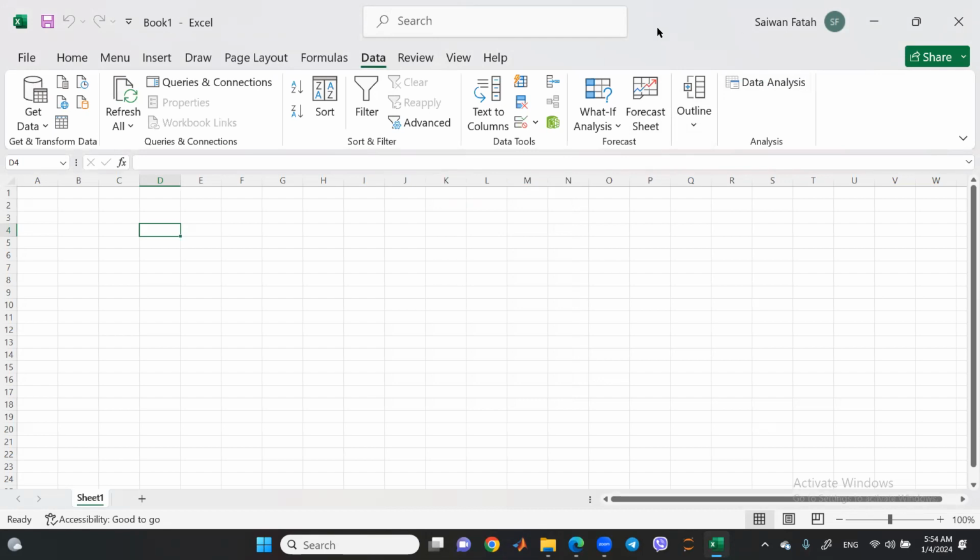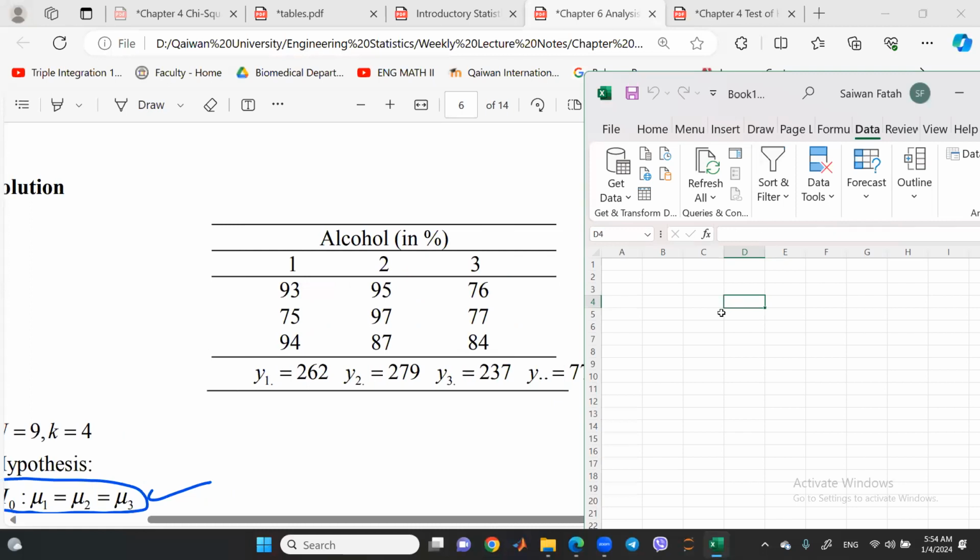Now, we enter the data to the Excel sheet. Here we have, let's say, group 1, group 2, group 3. Or we can say type 1, type 2, type 3. We have 3 types. It's just naming them, okay? It's easy.